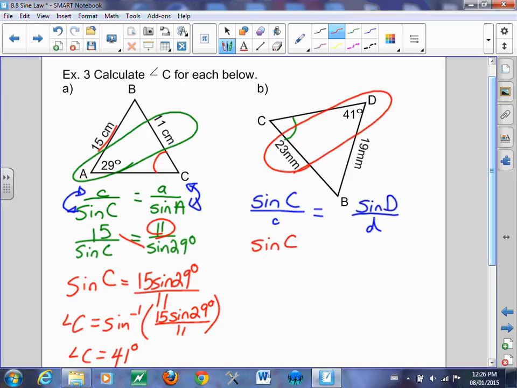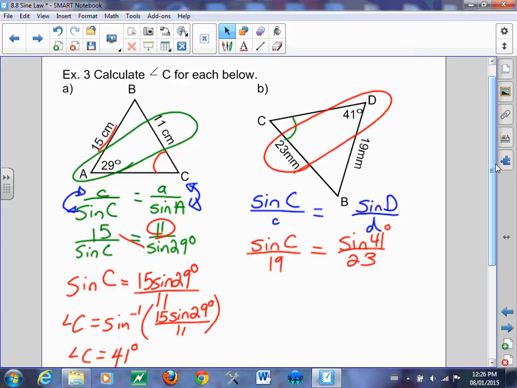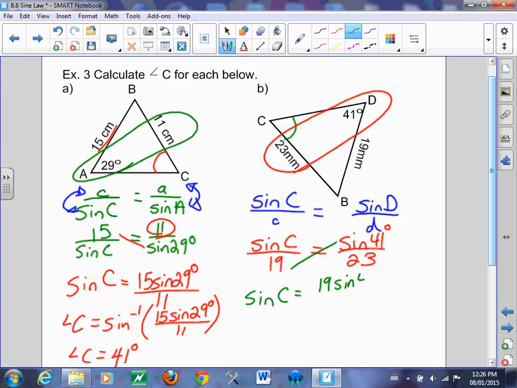Sine C is what we're trying to find, divided by 19, because that's the side value for C, over sine 41 degrees, divided by 23. I like setting up the angle first, because when I do the cross, it's a little easier. So I go sine C equals 19 sine 41 degrees, divided by 23.